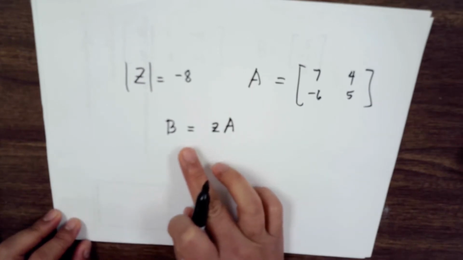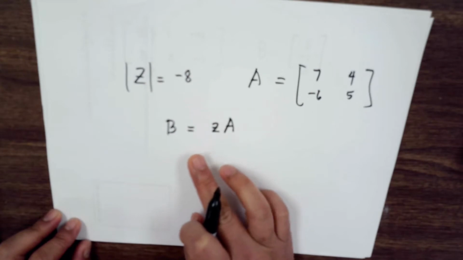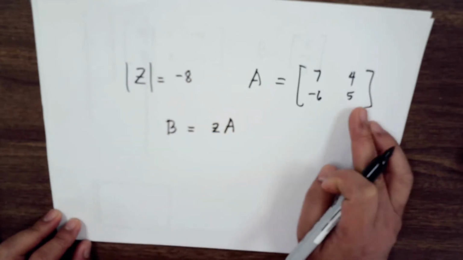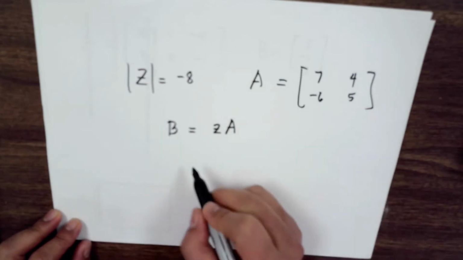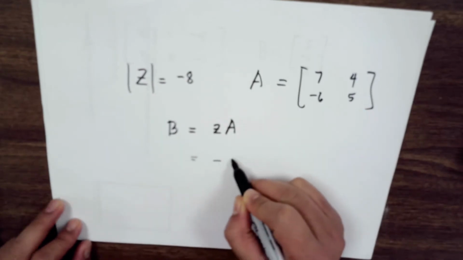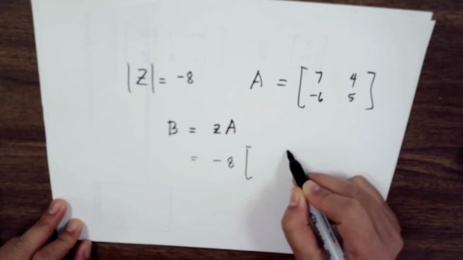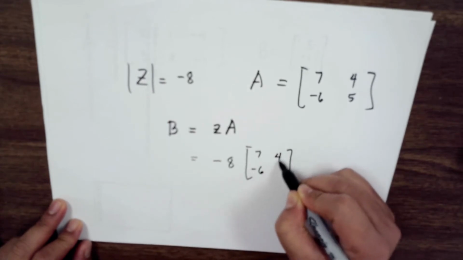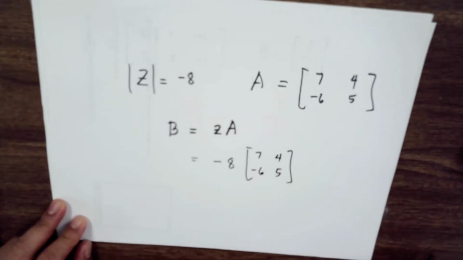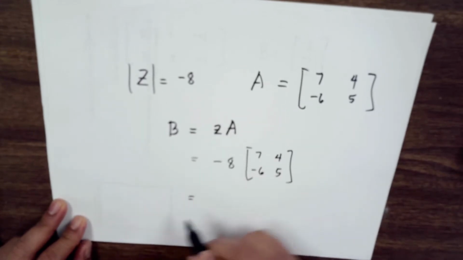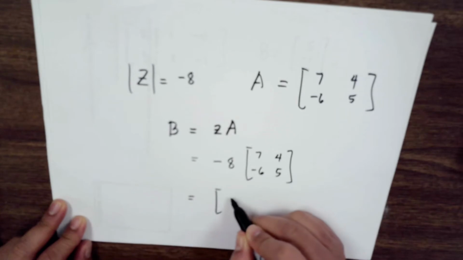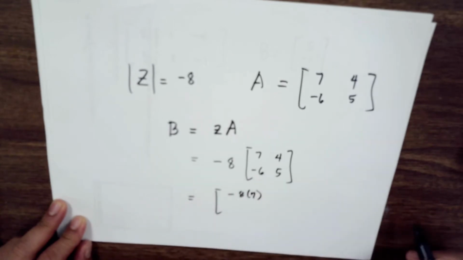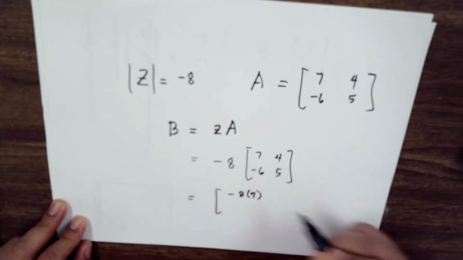The scalar product means only that we will just multiply the scalar quantity to each of the elements of the matrix A. Therefore, this is equivalent to -8 multiplied by each of the elements of matrix A. So you will have now for matrix B, for its first element, -8 times 7.